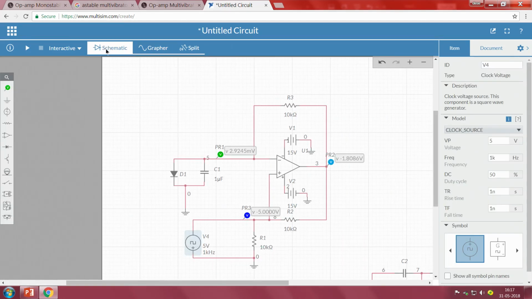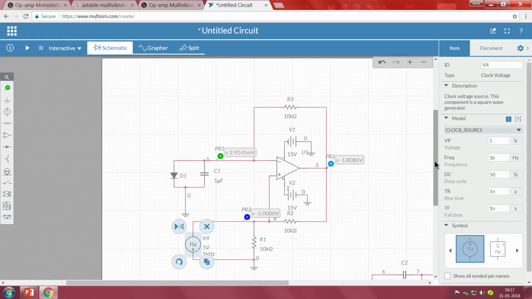I need only a short duration pulse of a minimum of 1 millisecond, or even smaller. But with this it is not possible, it will keep on changing. One way to do it is to connect a pulse to a differentiator, and we will get a spike. I need only a spike. So, we will create a spike.